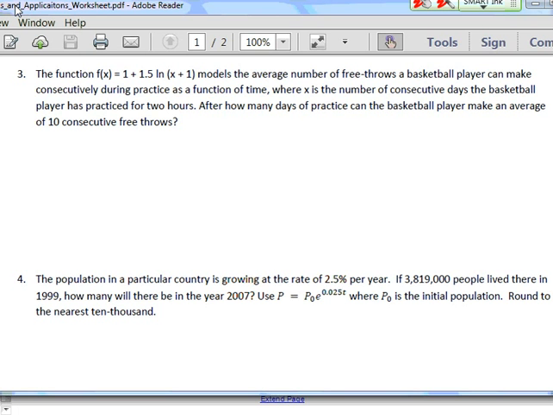All right, here's the key. x is the number of consecutive days, and the function gives you the average number of free throws a basketball player can make. So this is the free throws right here, and this was the number of days.